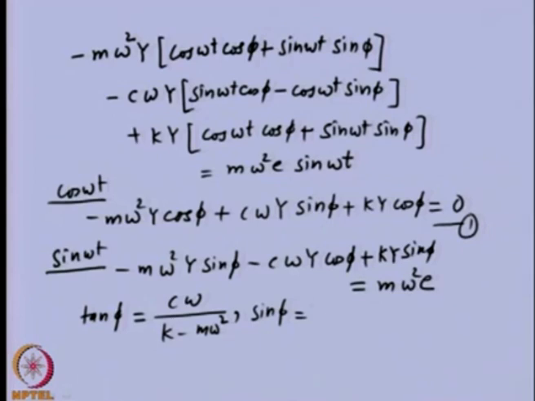From that, sin phi we can write as C omega by k minus m omega square plus C omega square sin phi. Similarly, cos phi we can write, I am writing in this next page, cos phi can be written as, these can be obtained from the tan phi.